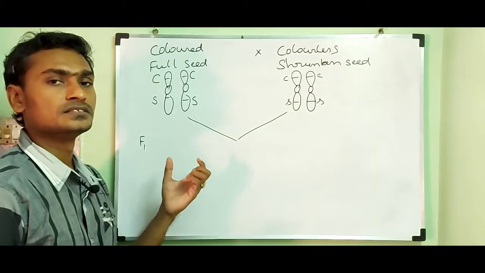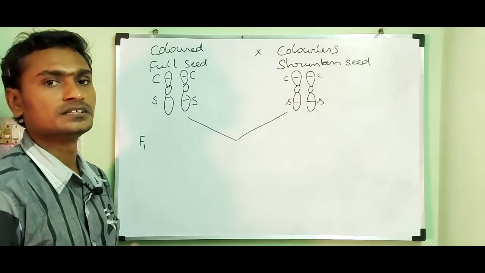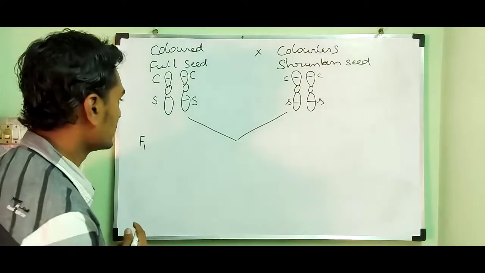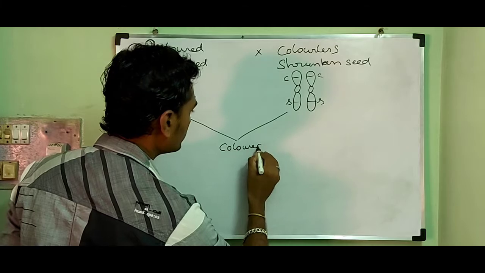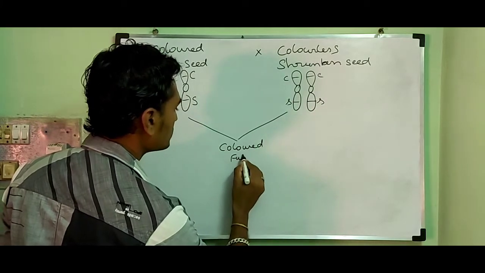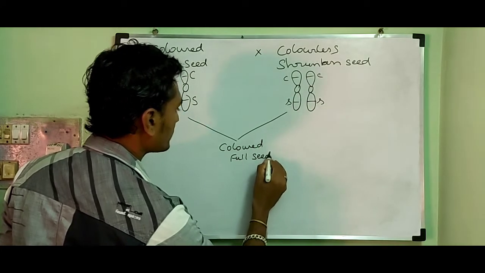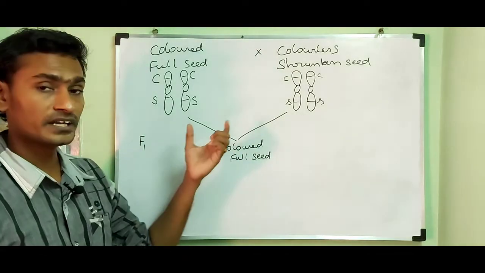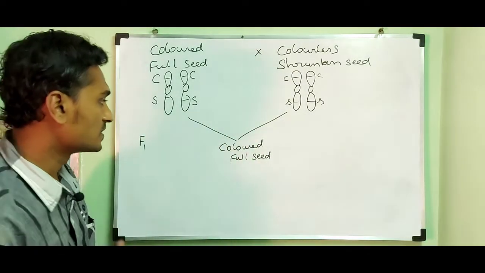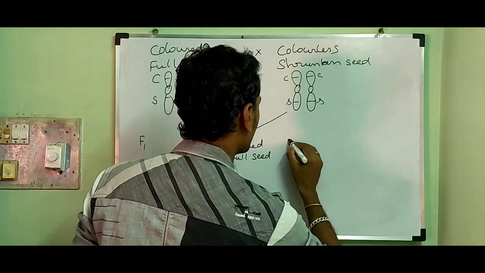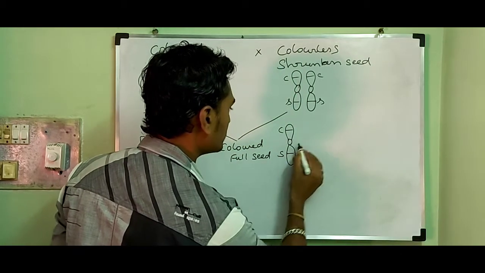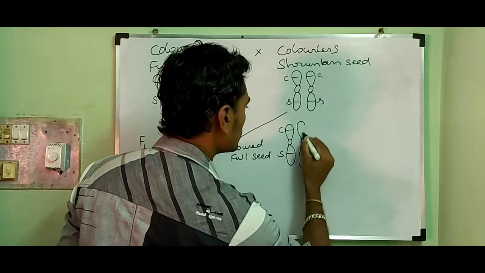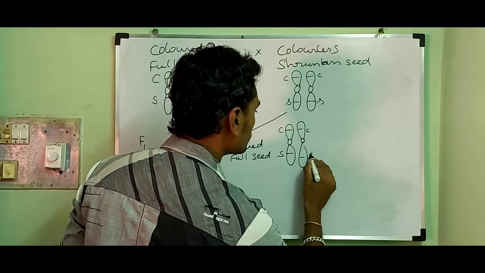Then the F1 generation individual shows the phenotype colored full seed, and the genotype of the individual is capital C, capital S, small c, small s.